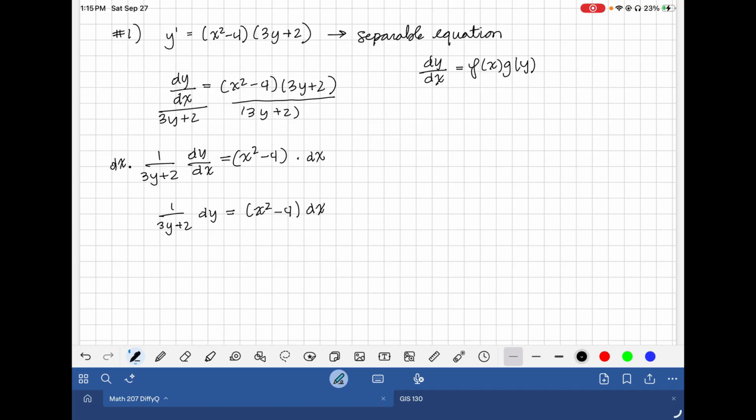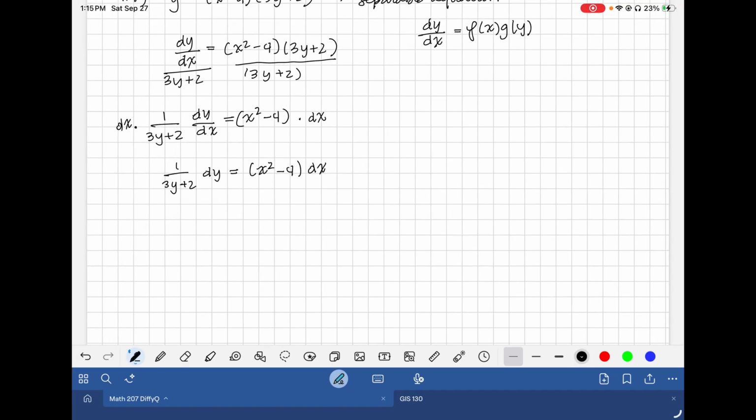And so now we can take the integrals of these. So it's going to be the integral of 1 over 3y plus 2 dy, and that's going to be equal to the integral of x squared minus 4 dx.